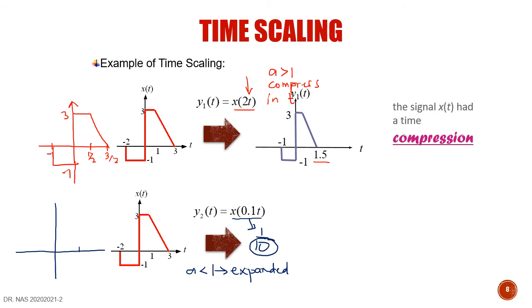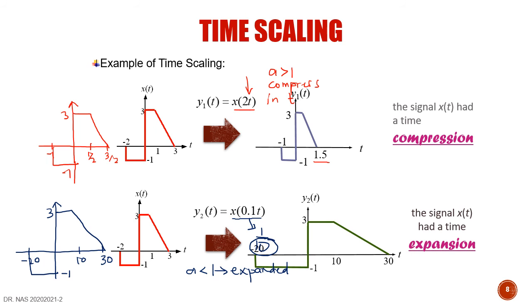So 1 becomes 10, 3 becomes 30, and negative 2 becomes negative 20. There's no change in the amplitude. So now the signal is being expanded, getting bigger, and the amplitude remains the same.